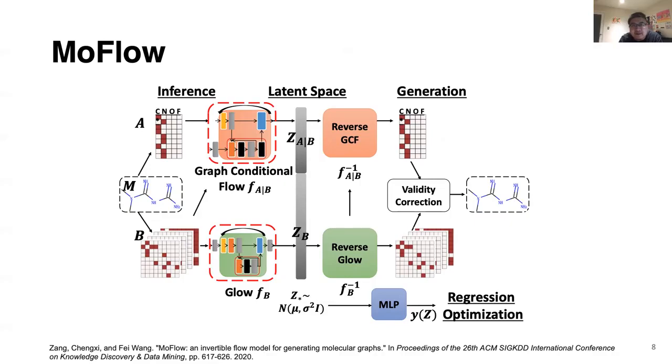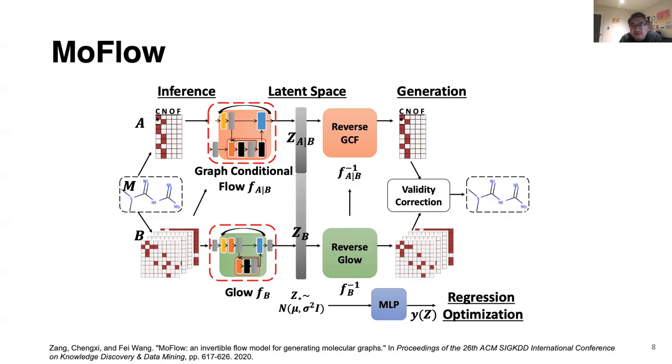And in the inference process, the graph conditional flow F A given B transforms A given B into conditional latent vector Z A given B, and the Glow F B for bonds transforms B into latent vector Z B. The latent space, we assume, follows a spherical Gaussian distribution.